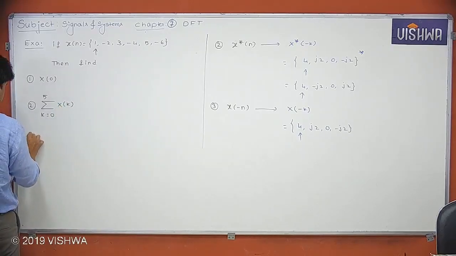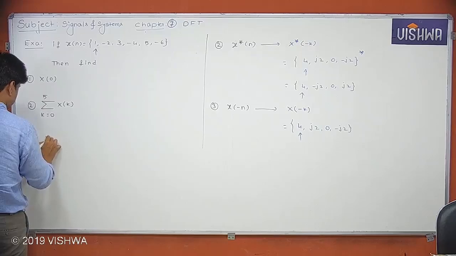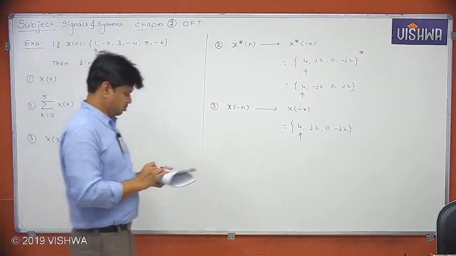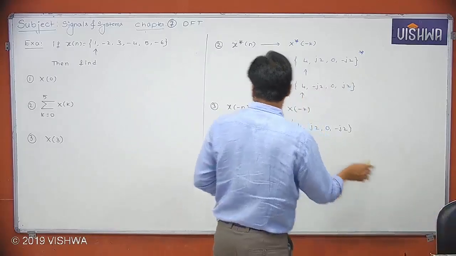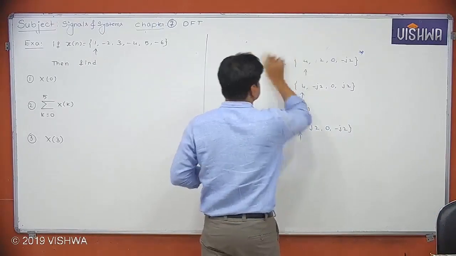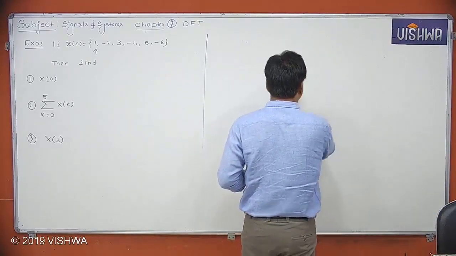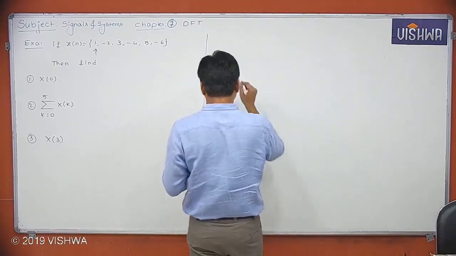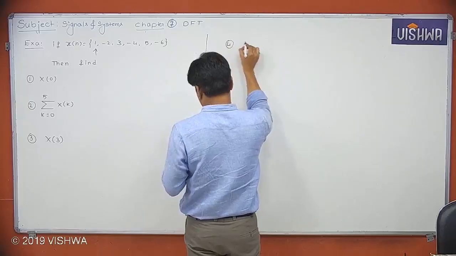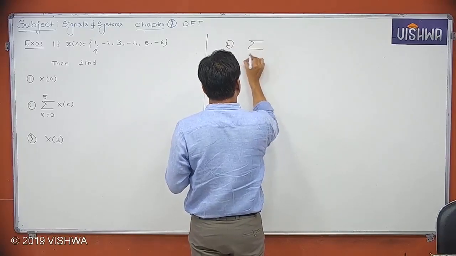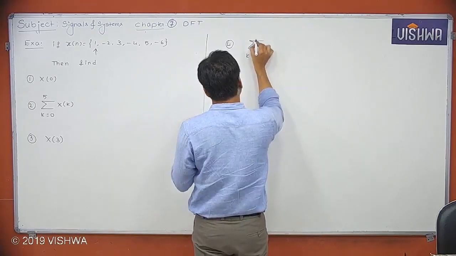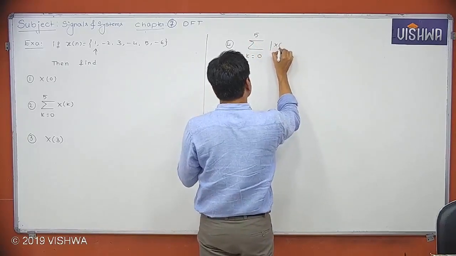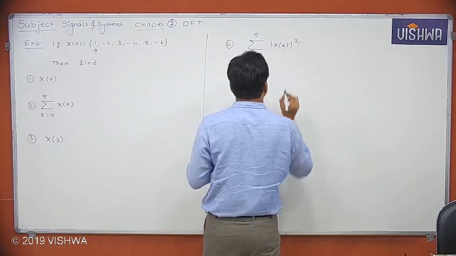Third question, capital X of 3. Fourth question, summation k equal to 0 to 5 of mod X of k square.